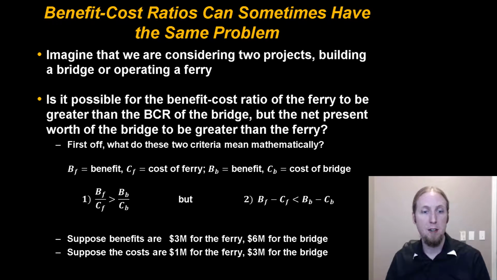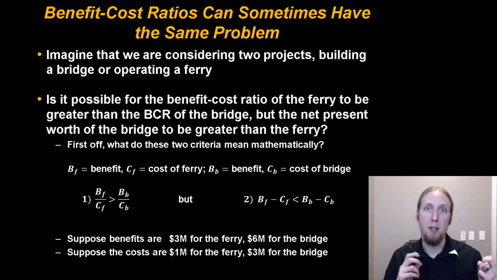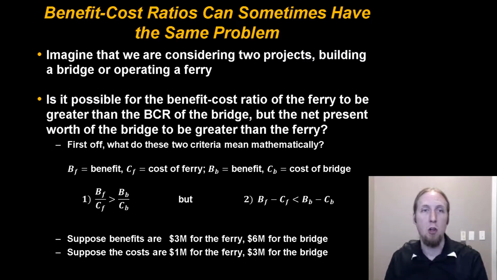And for the ferry, the costs are $1 million, and the bridge would cost $3 million. Then it's really easy to see the benefit cost ratio for the ferry would be 3. For the bridge, it would be 2. But in present worth terms, the net present worth of the ferry would be 2 million, whereas for the bridge, it would be 3.